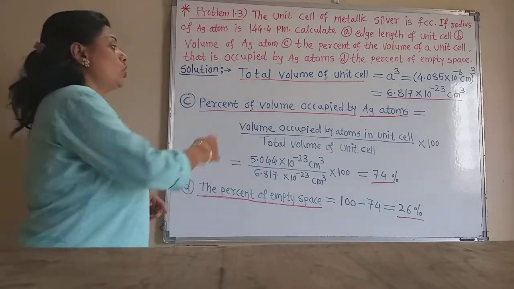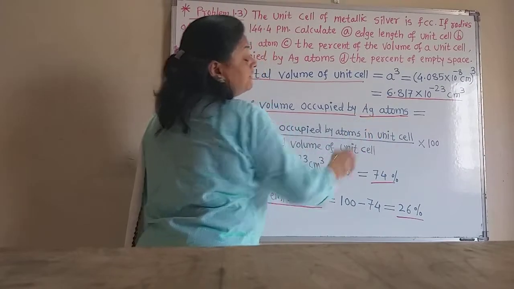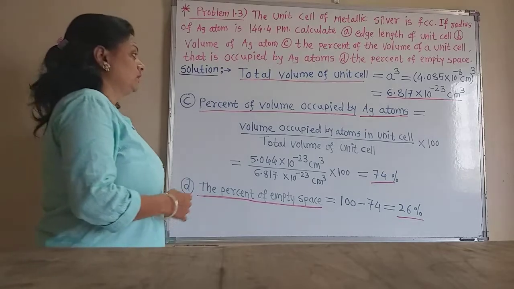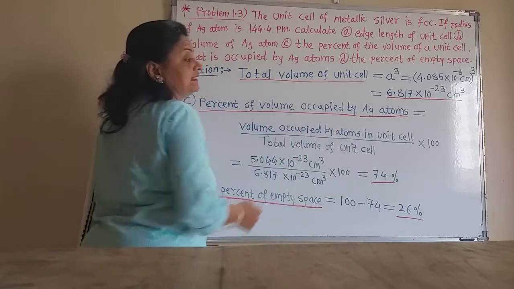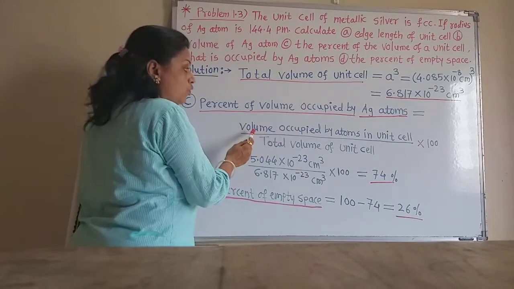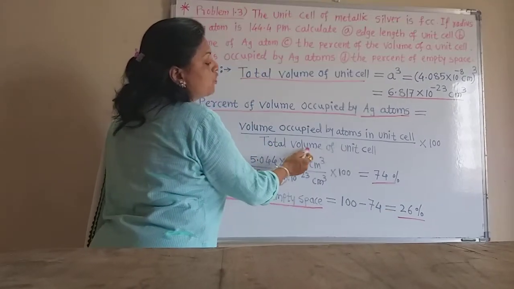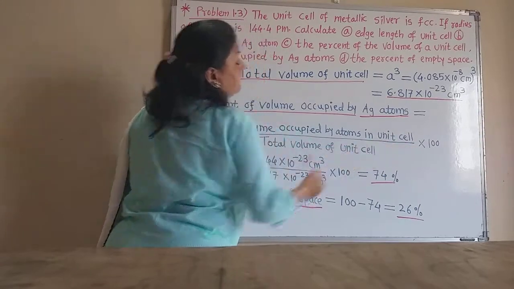Now percent of volume occupied by silver atom is calculated as, we know the formula: percent of volume occupied by the silver atom is equal to volume occupied by atoms in the unit cell divided by total volume of the unit cell into 100.